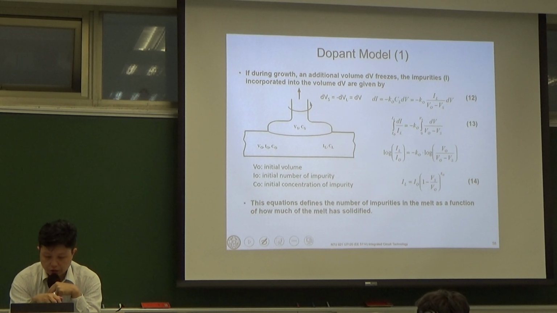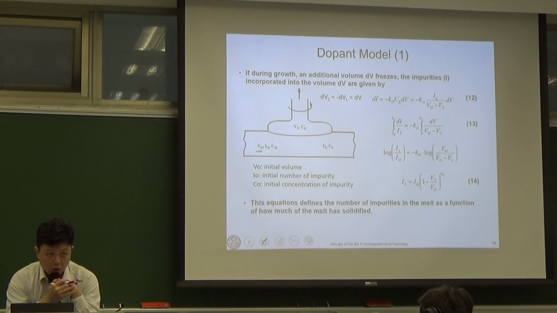Here we define, supposedly in the beginning, we have V0, the initial volume, and the initial number of impurities is I0, so C0, the initial concentration, is defined as I divided by V.